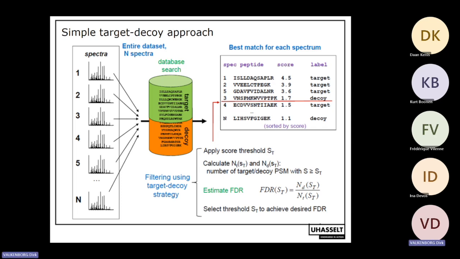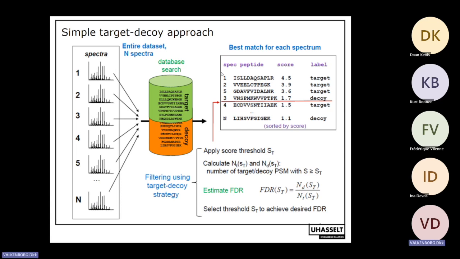So what happens is, a sequence can now come from the target database or from the decoy database. And possibly we will assign a sequence, and we will record where it came from.